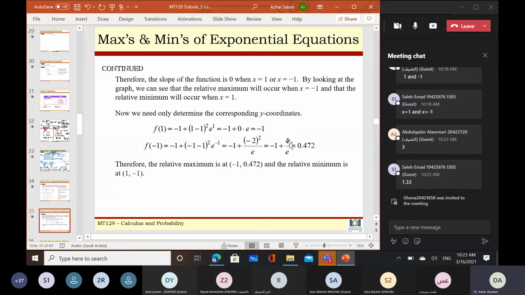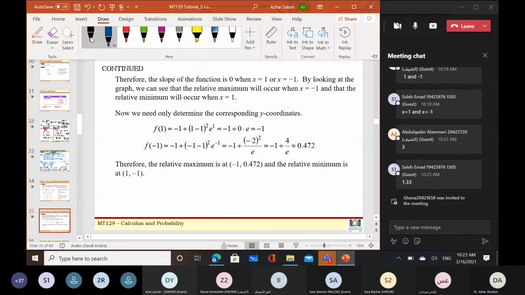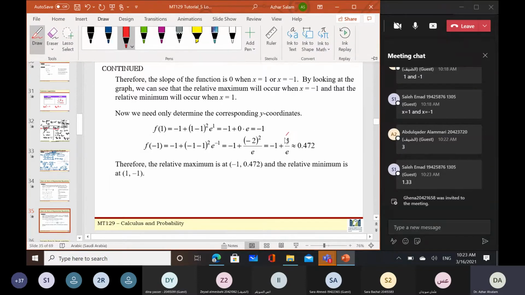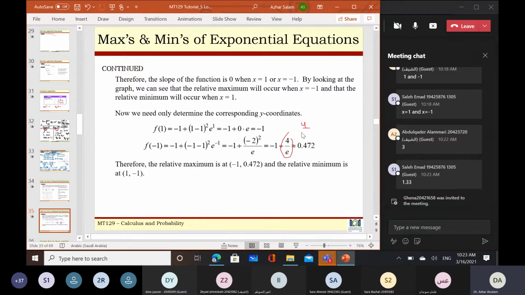When we divide 4 by e, this is 4 divided by 2.7 approximately.